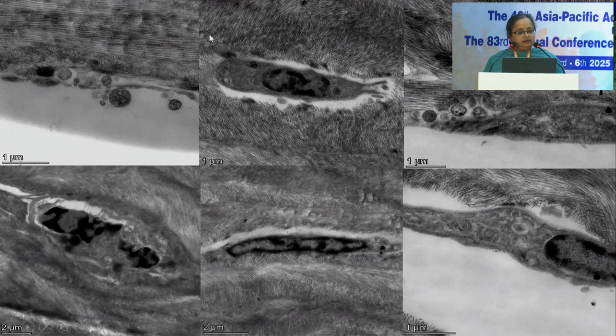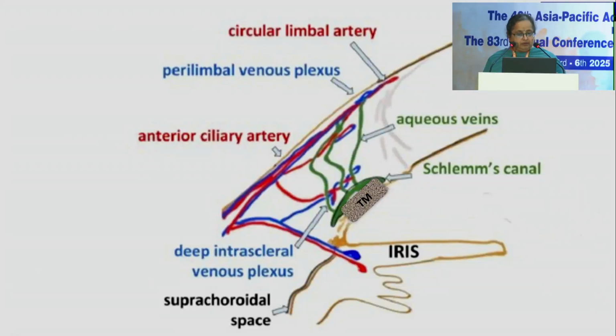What you see here as crisscross striations in different regions are the collagen bundles, and the orientation differs depending on where and how those bundles have been sectioned when you're sectioning the whole sample. But there are a lot of vesicles even in a normal patient. So what these vesicles are doing in a normal patient versus a glaucoma patient is something that we have to really see.